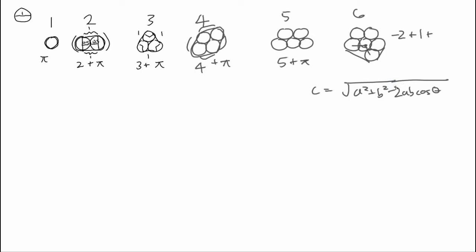And the cosine of 120 is negative 1/2, so it actually just becomes a squared plus b squared plus ab. So if these two lengths are 1, then the length of this third side is actually square root 3. And this is parallel, so the length of this domain is going to be square root 3. So it's going to be minus 2 plus 1 plus square root 3.